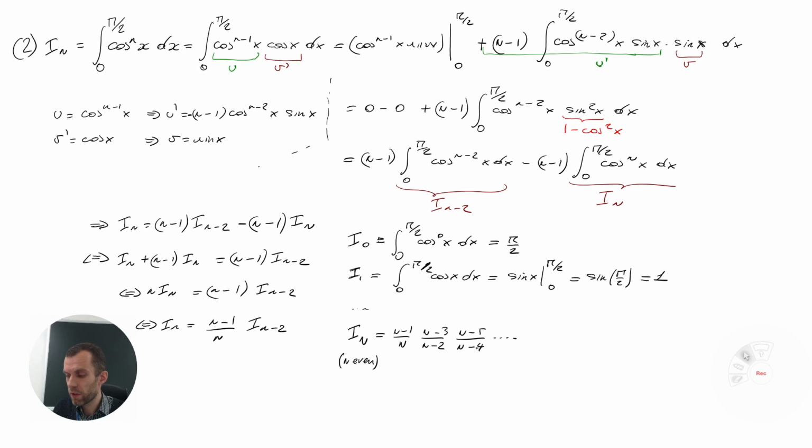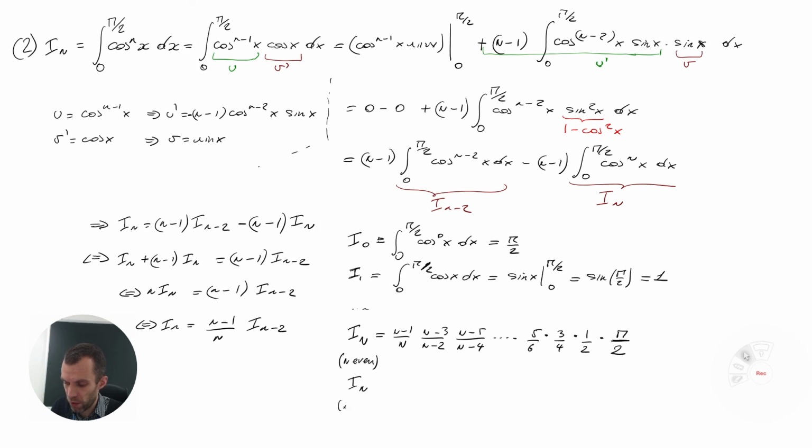What you end up seeing is that you go down in steps of 2, and since n is even, you get odd numbers in the numerator and even numbers in the denominator. And you keep doing that until you reach I_0. So you end up with 5 times 3 times 1 divided by 6 times 4 times 2, and then here you end up at I_0, and that gives you an extra factor of pi over 2. So that's the case for n even.